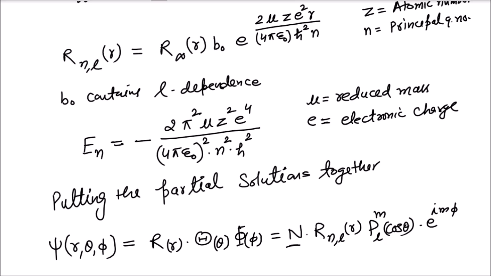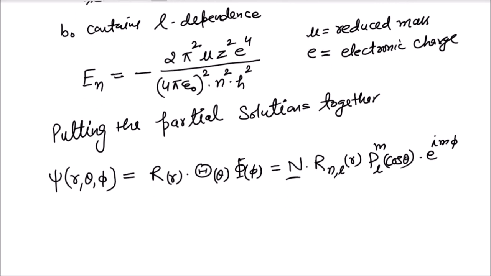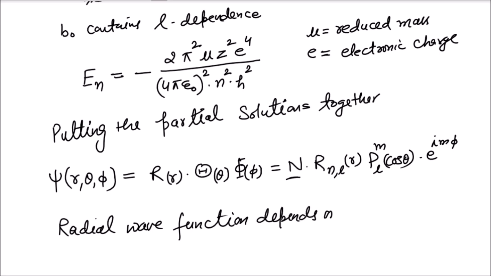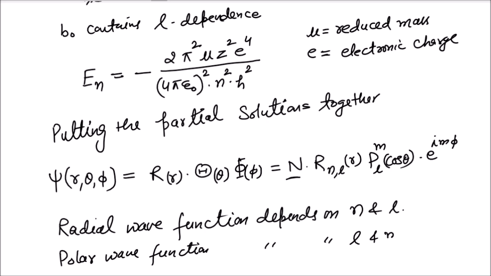So the radial wave function depends on the n and l quantum numbers, the polar wave function depends on l and m, and the azimuth wave function depends on m only.